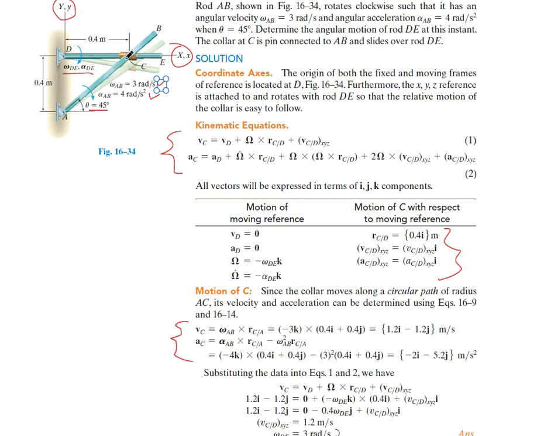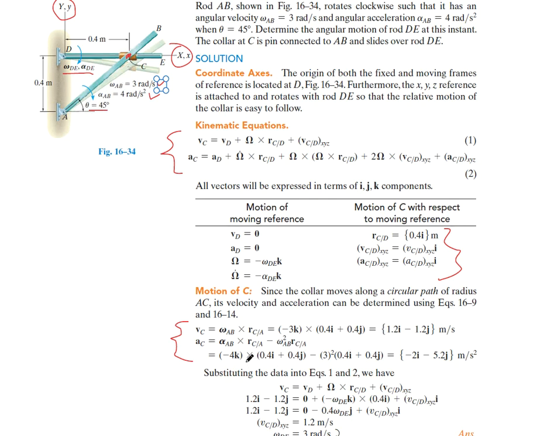So velocity of C is velocity of A plus velocity of C with respect to A. Velocity of A is 0. The velocity of C with respect to A is omega of AB times the position of C with respect to A, that is, times vector AC.